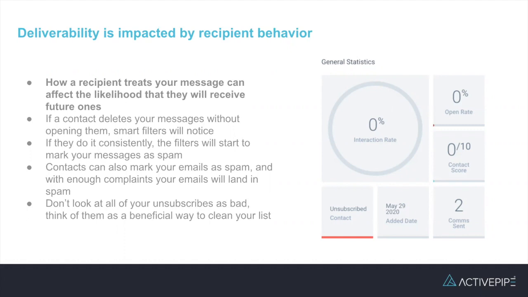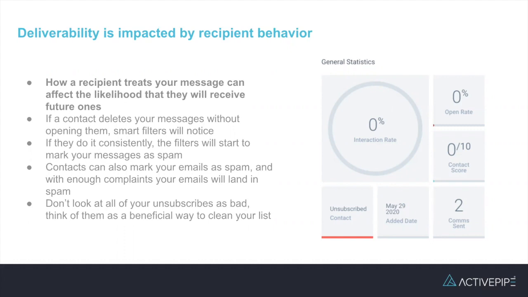The other consideration is that if contacts start flagging your emails as spam, your emails will be more likely to land in spam for other people's accounts as well. A few recipients marking your email as spam can affect your overall deliverability. One thing I always try to reframe when talking to customers is their mindset around unsubscribers.